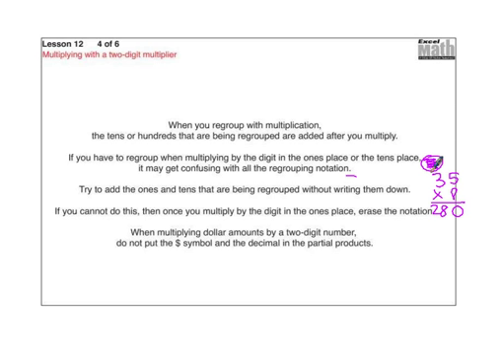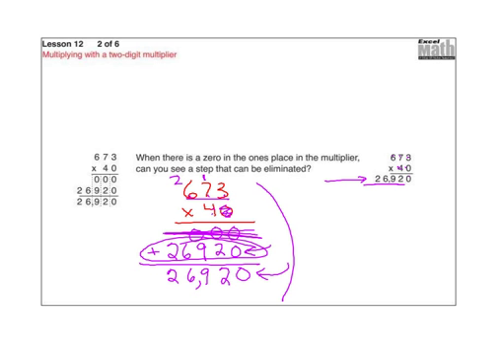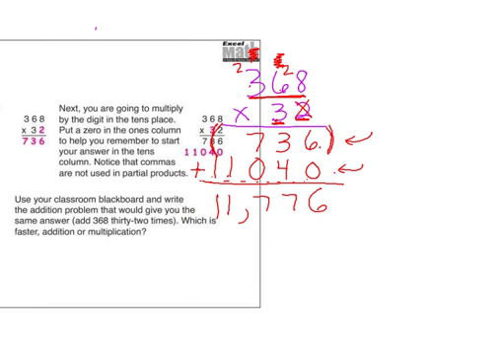When multiplying dollar amounts by a 2-digit number, do not put the dollar symbol and the decimal in the partial products. What that means, let's go back and take a look at this. Let's say that this was a money problem. $6.73. Well, this is actually a really bad example because we don't really have partial products on that. But let me go back to this one here.